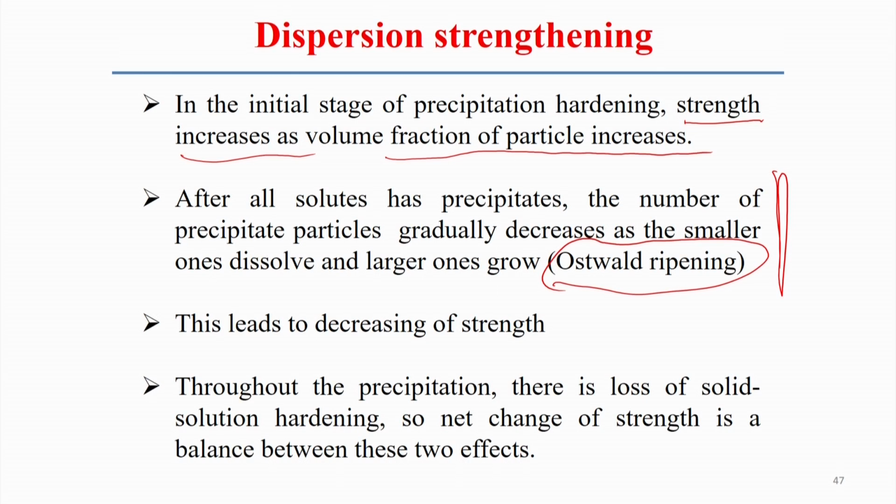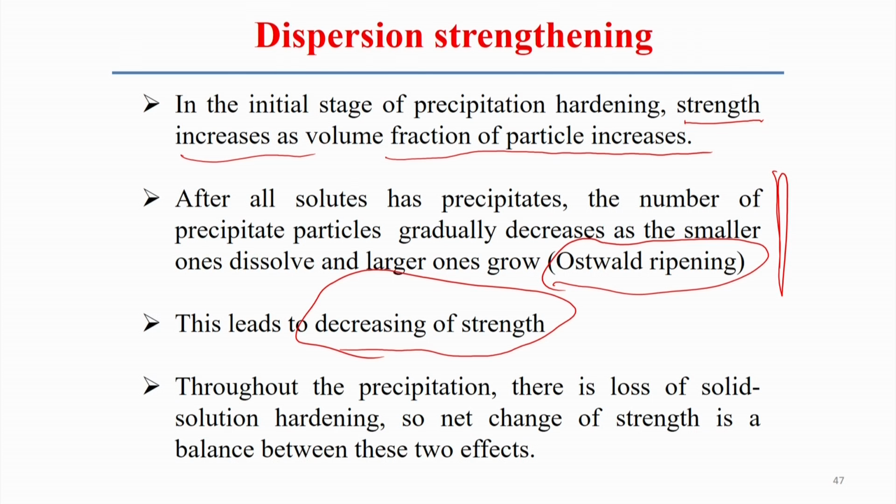At that time, the bigger particles will try to consume the smaller particles, so the overall particle size increases. In that case, there is a decrement of the strength in the presence of the bigger particle size.